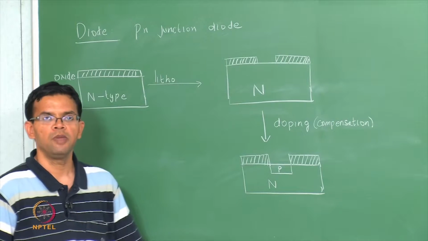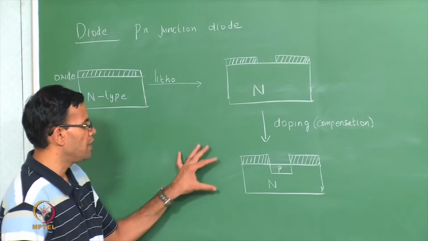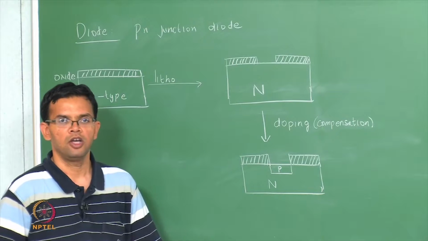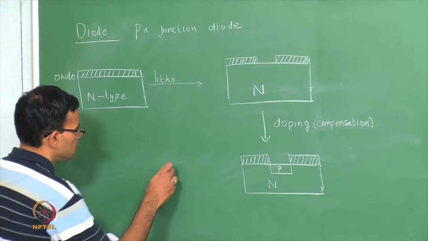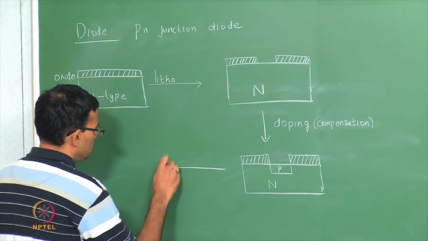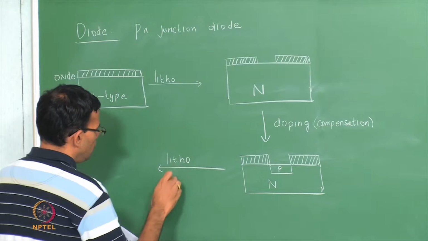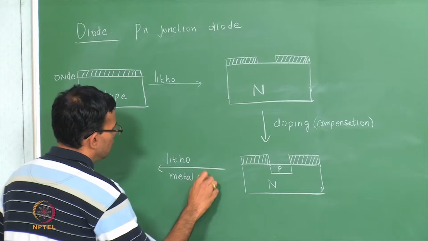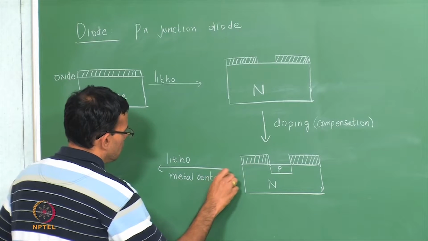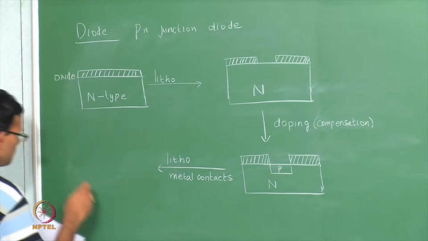After forming the PN junction, we can do some further patterning in the oxide layer to create the metal contacts. You can do lithography to create metal contacts.